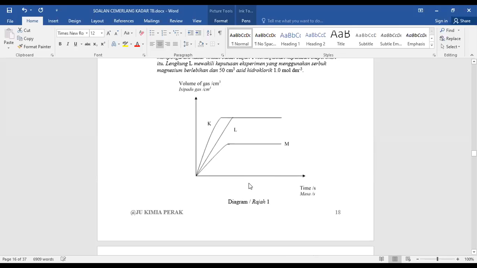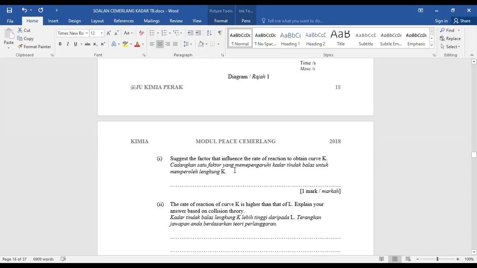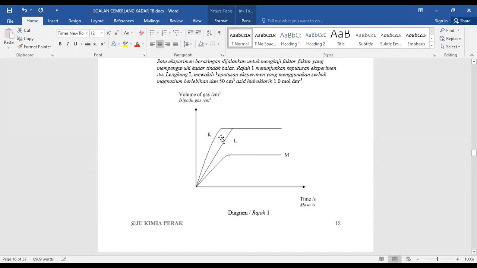Now, you want to suggest the factor that influences the rate of reaction to obtain curve K. Look at curve K. Did you find that the rate of reaction is higher than L? Why higher than L? Because the gradient is steeper, and the time taken to complete the reaction is shorter.